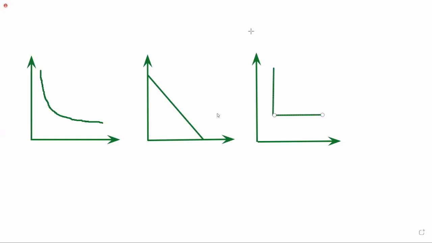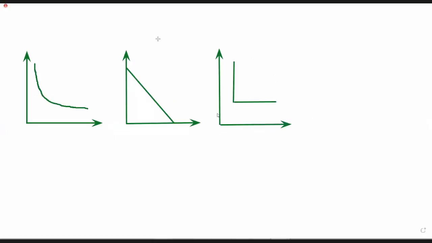Isochrone band, yes. Right. In the long run, production, we can identify different types of production functions. In each of these production graphs, what is discussed is how the production function behaves.